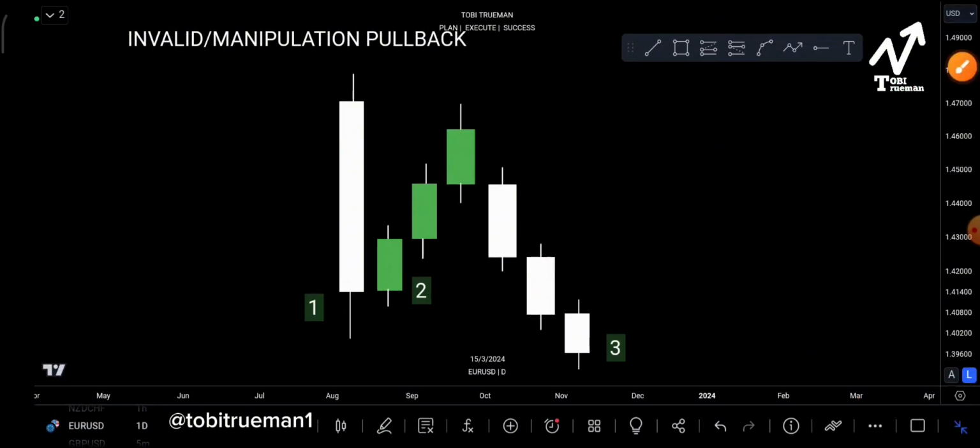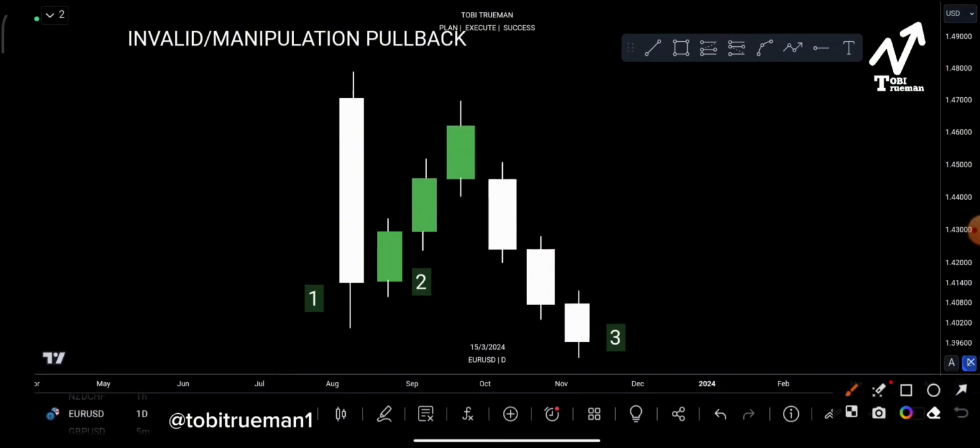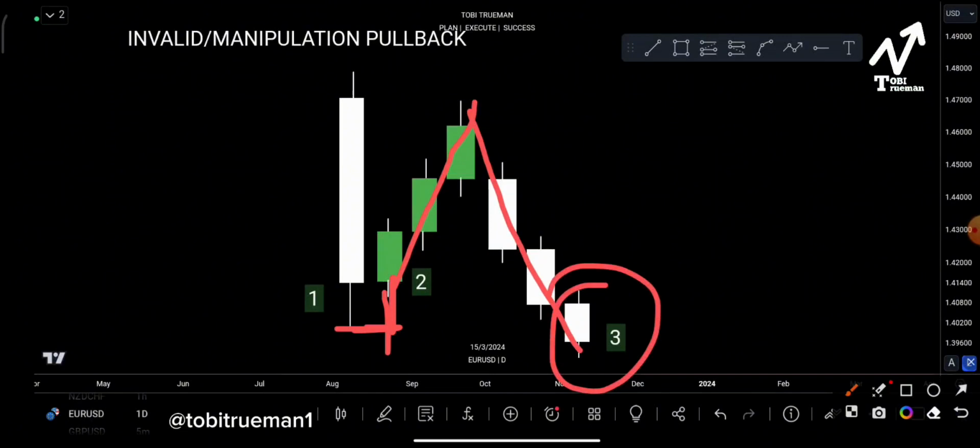So the only situation in which we can consider this a valid pullback is when candle 2 weak takes out candle 1 low point before forming all these other candlesticks, and then we anticipate candlestick 3 to take out the low point of candlestick 2.